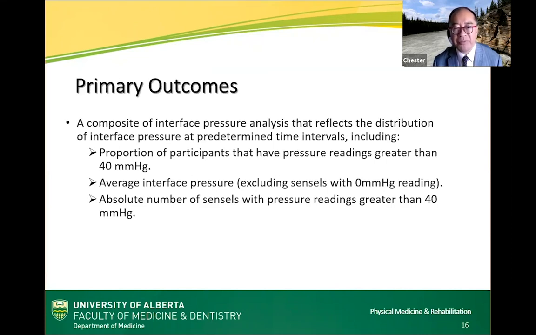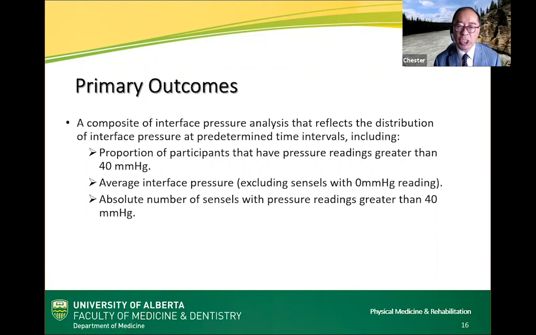In terms of the primary outcomes, we are specifically looking at the pressure analysis that includes the proportion of participants that have pressure readings greater than 40 millimeters mercury. How did we get that number of 40?